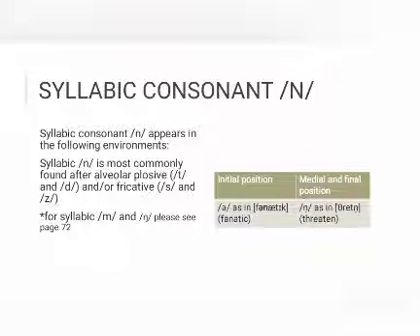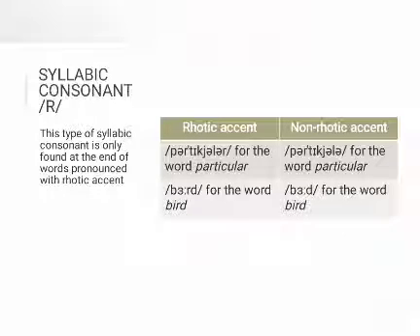Syllabic consonant N. Syllabic consonant N appears in the following environments. Syllabic N is most commonly found after the alveolar plosives t and d and or fricatives s and z. The last, syllabic consonant R. This type of syllabic consonant is only found at the end of words pronounced with a rhotic accent.